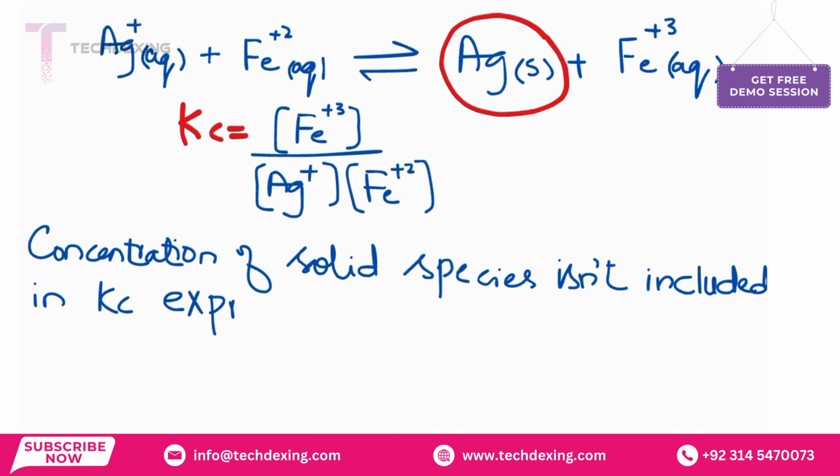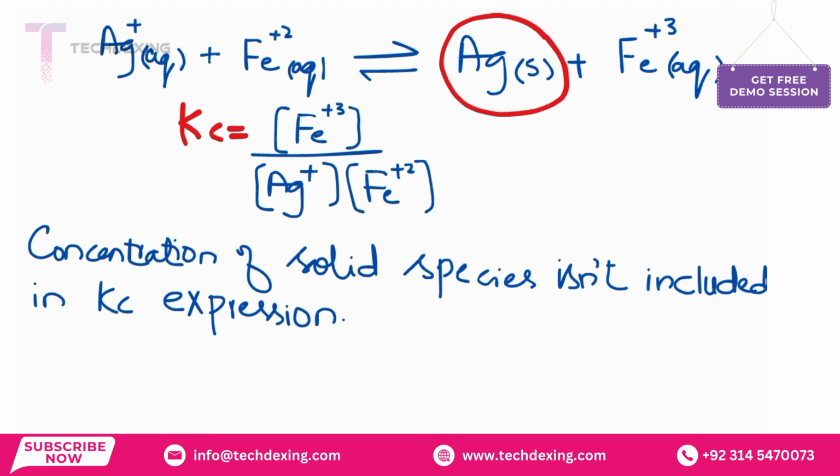That's why I was saying at the start that state symbols are very important. Whenever you are given a question in the exams, you would be given the state symbols along with it, because if you are not given them, how would you identify whether a substance is in the solid, aqueous, liquid or gaseous state, right?